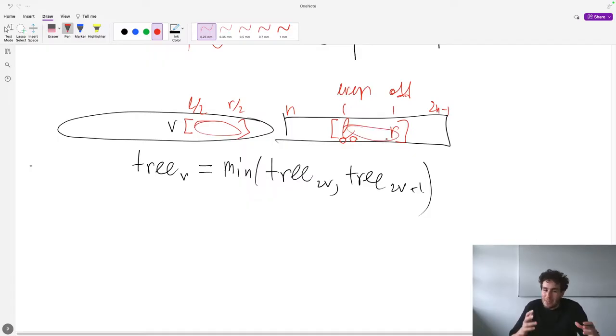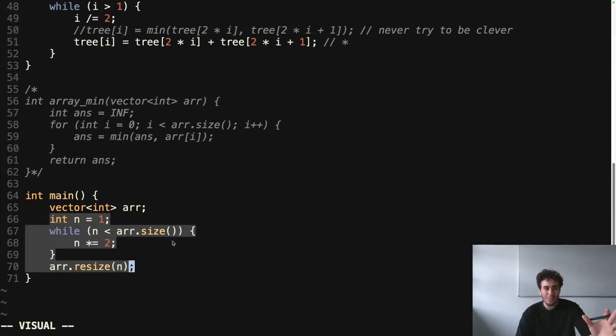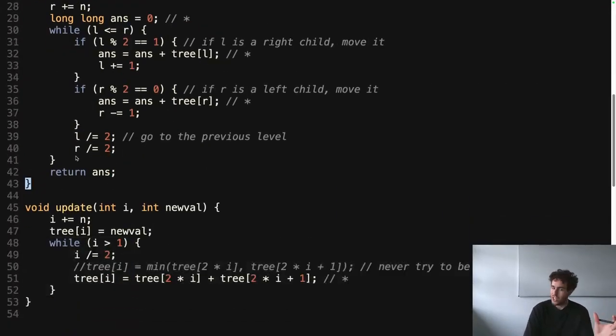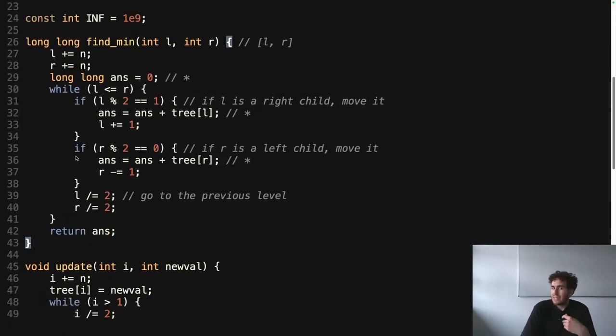So I don't care about whether there is a tree or whether there isn't a tree. This property still holds, right? So actually I can use exactly the same code, nothing changes. But n doesn't need to be a power of 2.